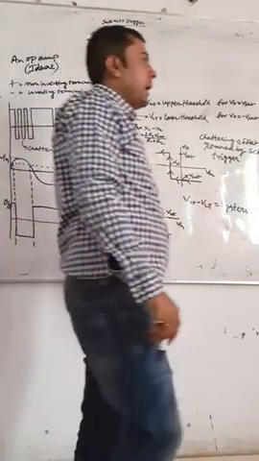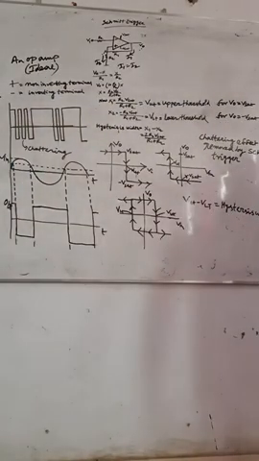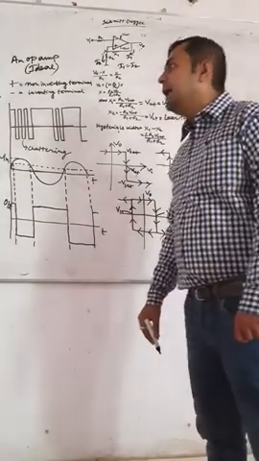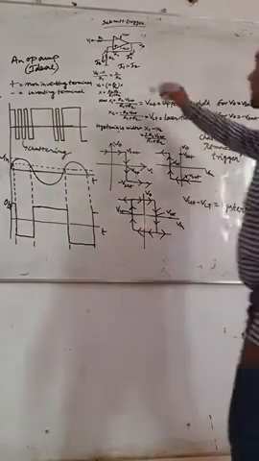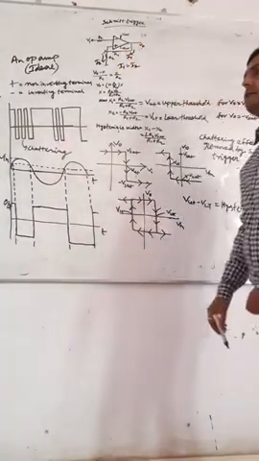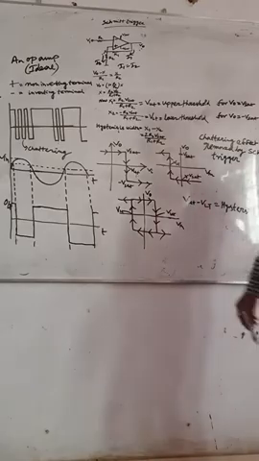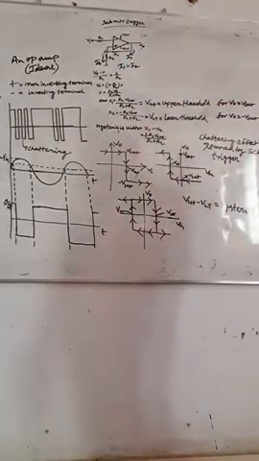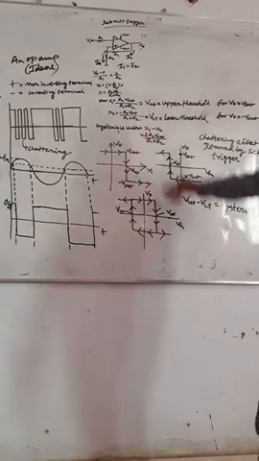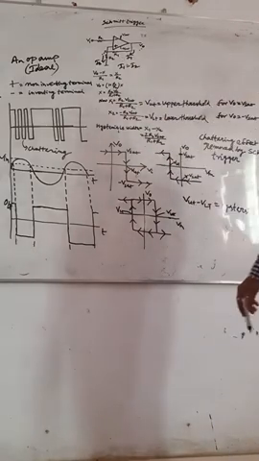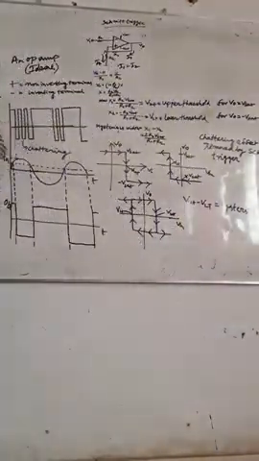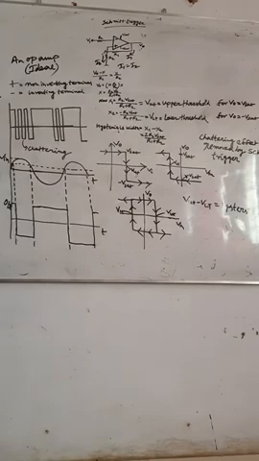Current is not allowed to pass through an ideal open circuit. This is an open circuit because input impedance is infinite. So current cannot go from V1 to X.